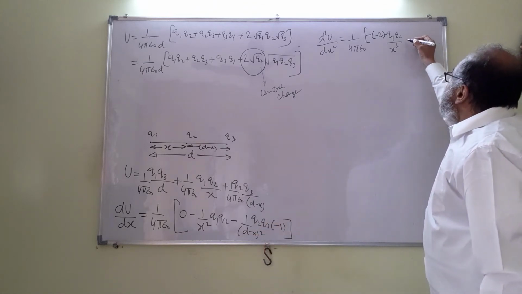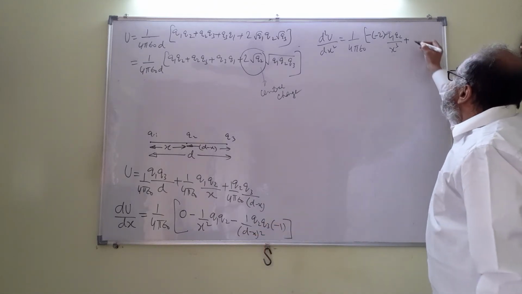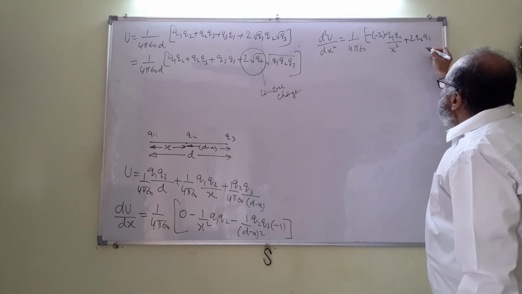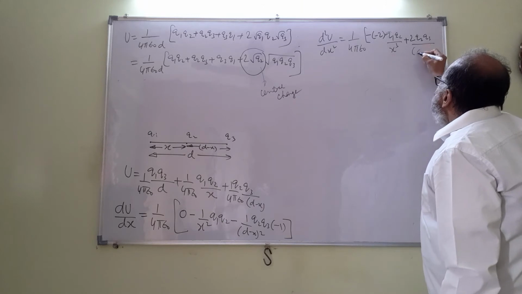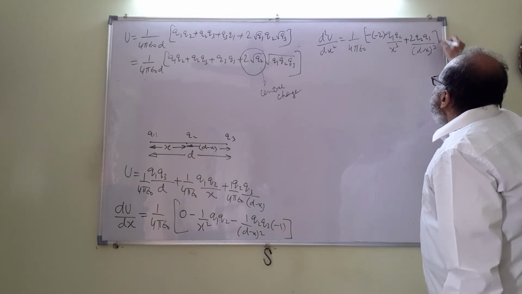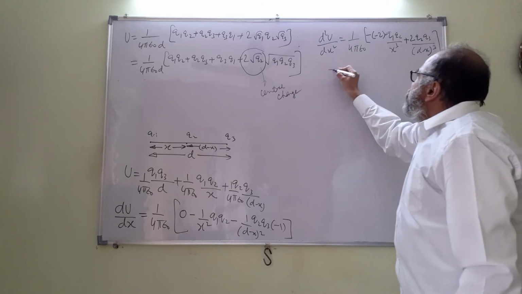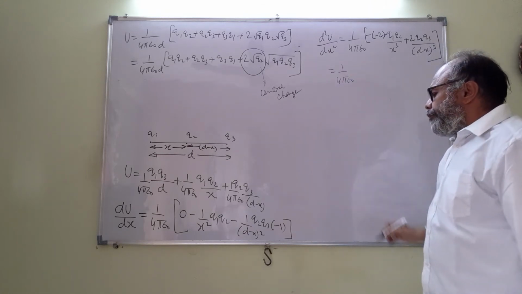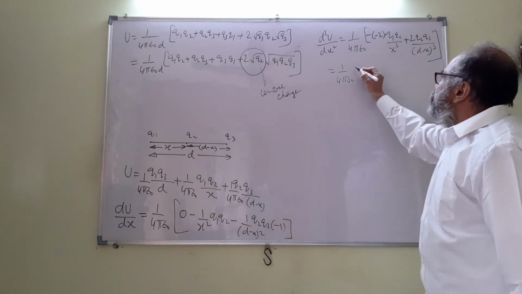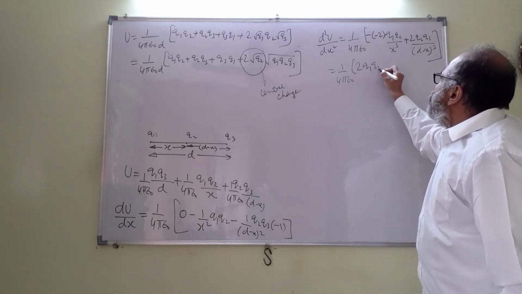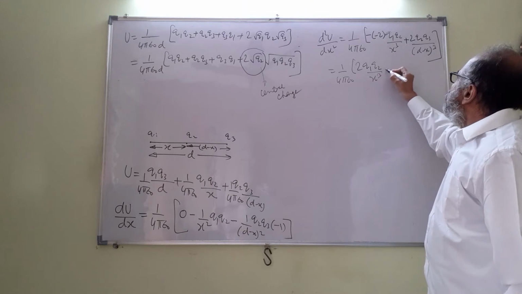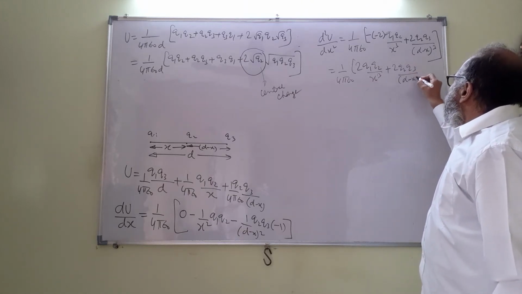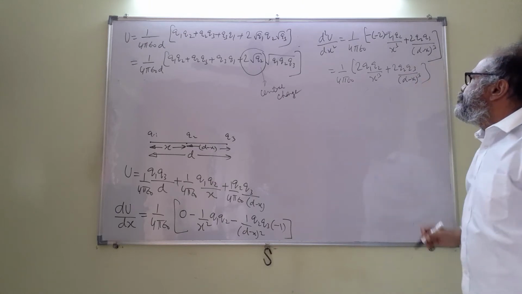So this will be a plus sign here. You will have 2 Q2 Q3 by d minus x the whole cube, or that is 1 by 4 pi epsilon naught into 2 Q1 Q2 by x cube plus 2 Q2 Q3 by d minus x the whole cube.